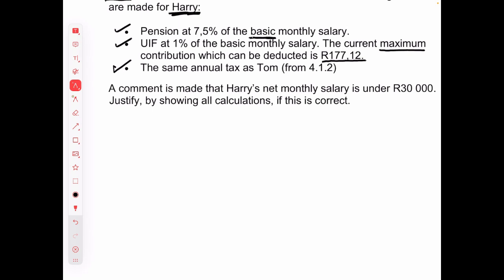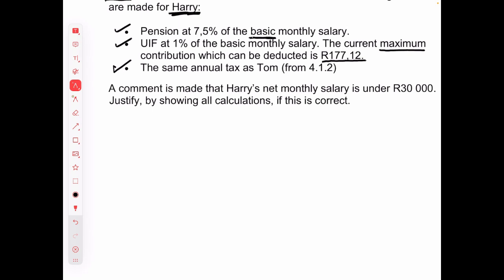That means that they cannot deduct more than 177 Rand and 12 cents. So for example, if your salary is 20,000 Rand for the month, 1% of 20,000 Rand would be 200 Rand. So therefore you can only be charged 177 Rand 12 cents and not 200 Rand.